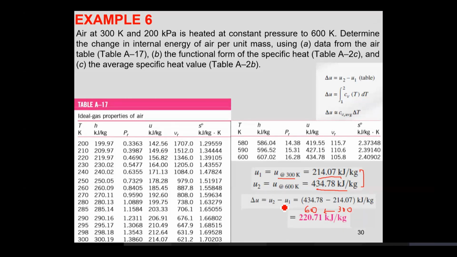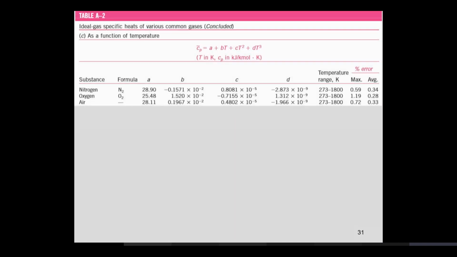Now the second thing is when you have to use the functional form, which is Table A-2c. If you go to Table A-2c, you'll see air as the substance. The A, B, C, and D values are given for this temperature range, and the Cp relationship is A plus BT plus CT squared plus DT cubed.